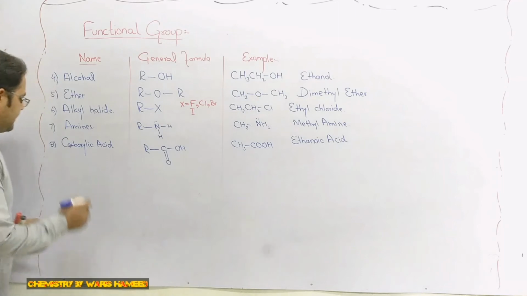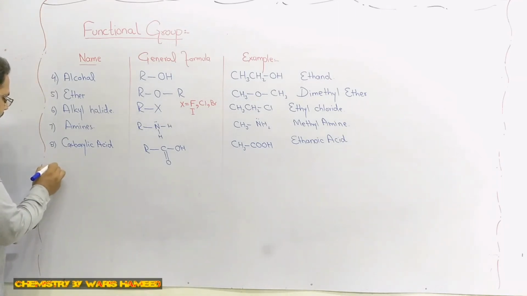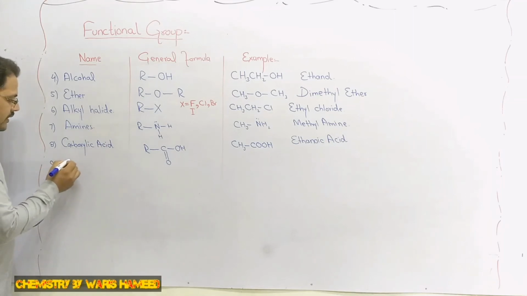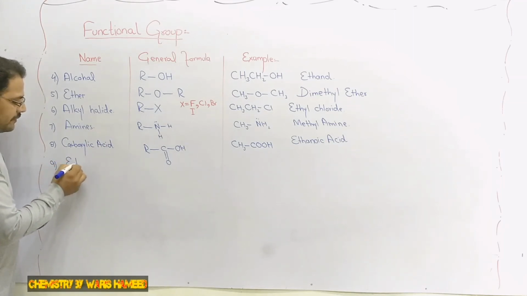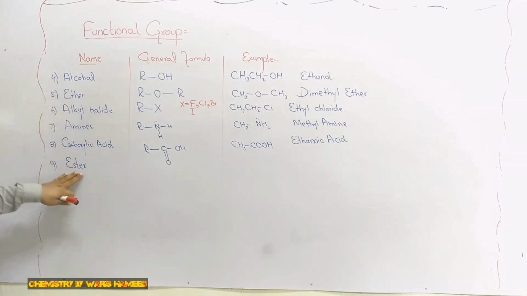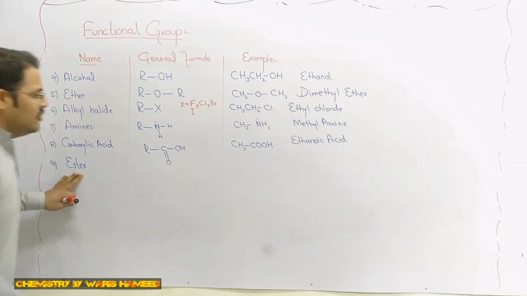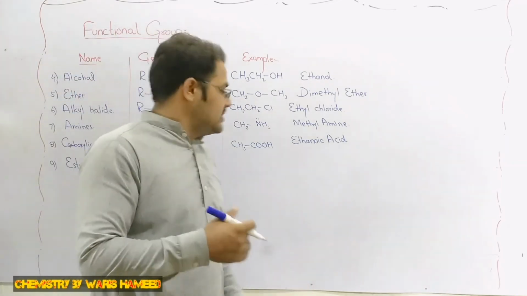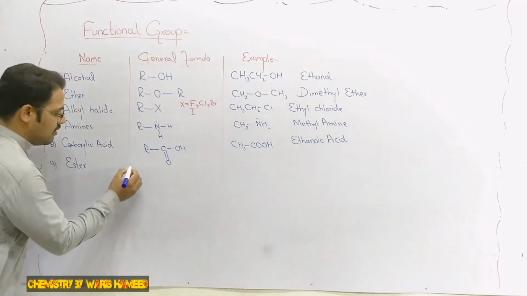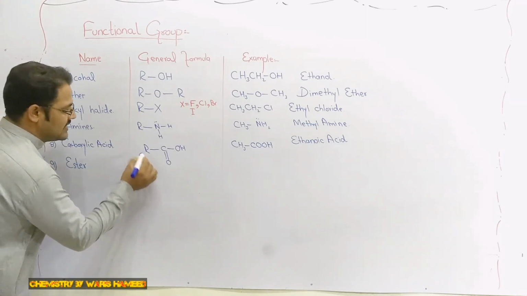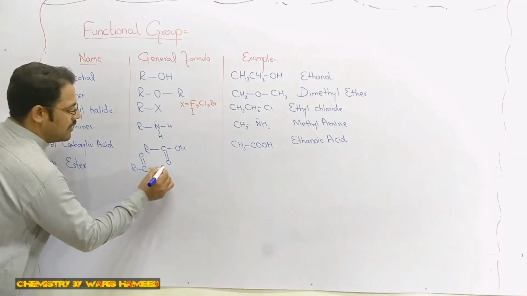Next example is ester. Here is the carboxylic acid and this functional group is ester. If we replace this hydrogen with an alkyl group, then it forms an ester, carbon double bond oxygen OR.